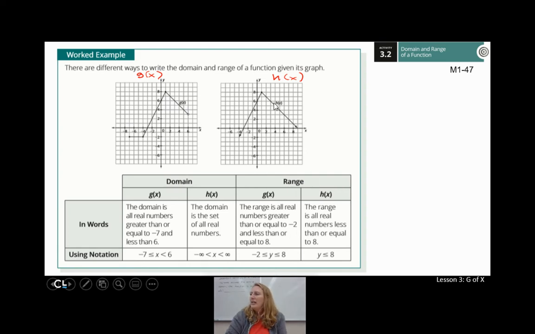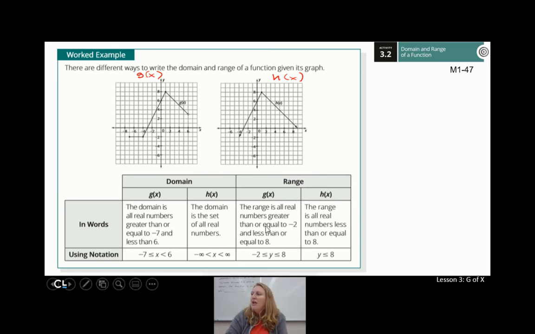For our h of x, though, again, we have arrows. Now, the only thing is notice these arrows are only pointing down. My arrows do not point up. So I can get as high as 8, but it's not going any higher than that. However, it can go as low as it wants to go forever and ever.